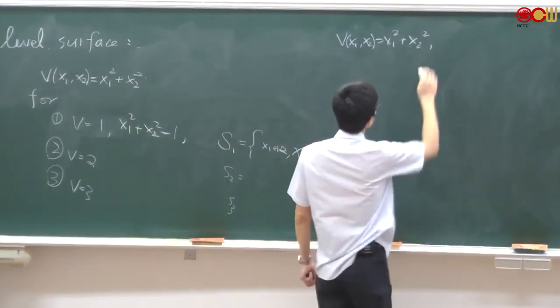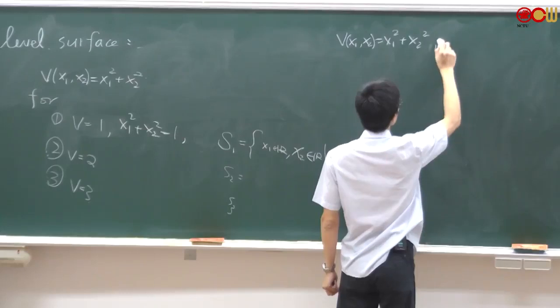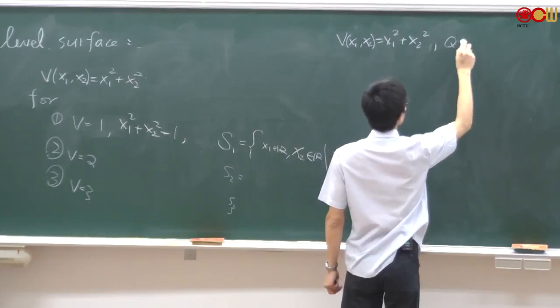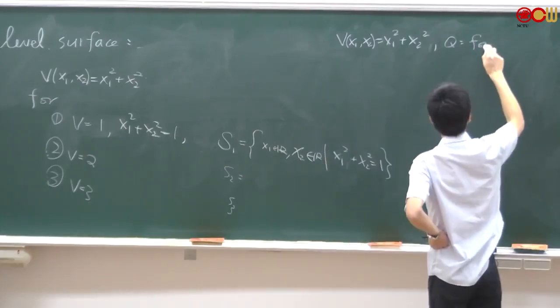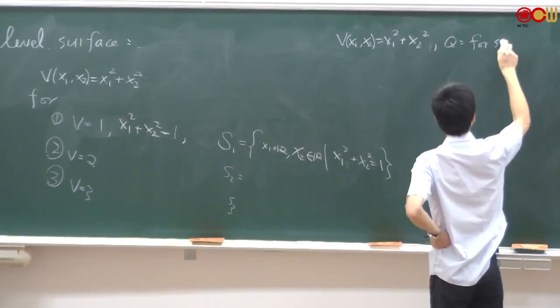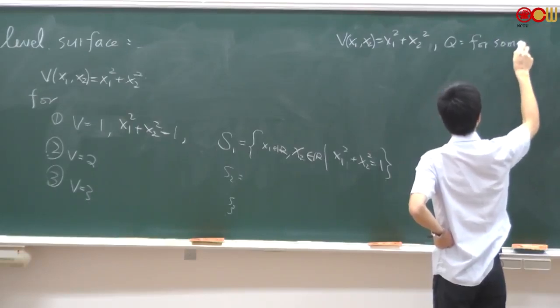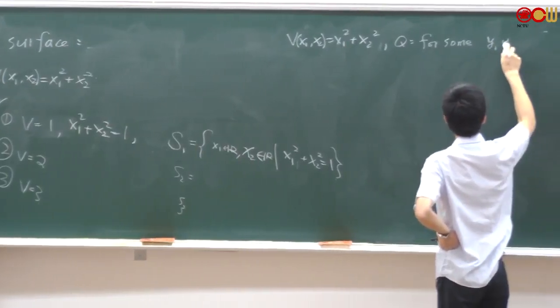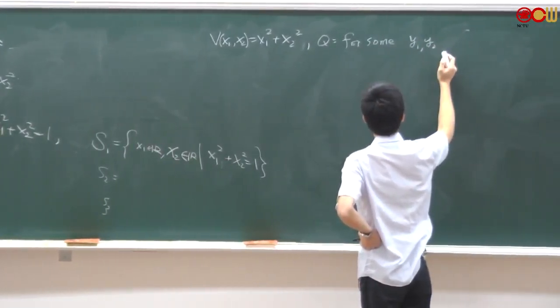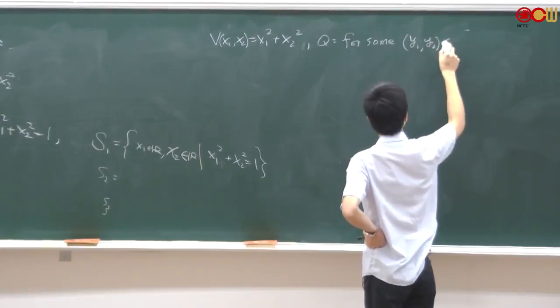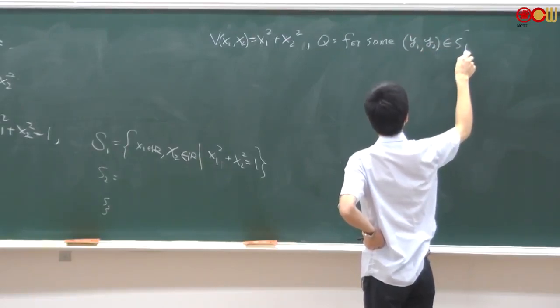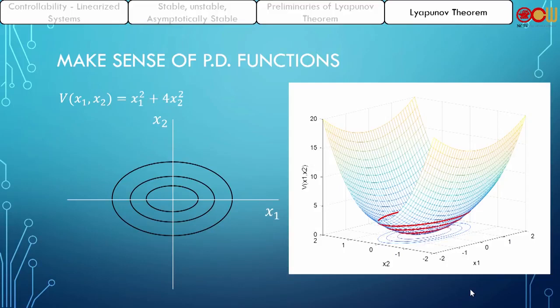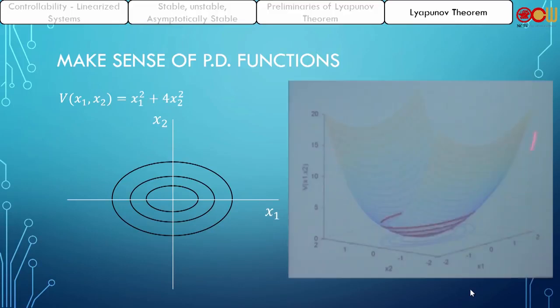Did you agree that for some y1, y2 belonging to S1, this second function, which is also a PD function, positive definite, is 0 at 0 and V is non-zero elsewhere, right?